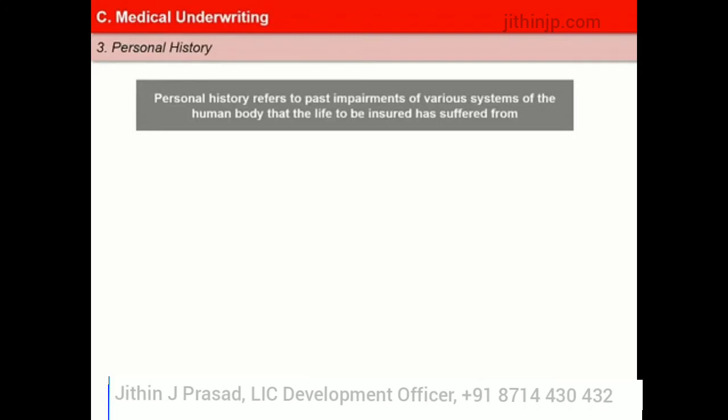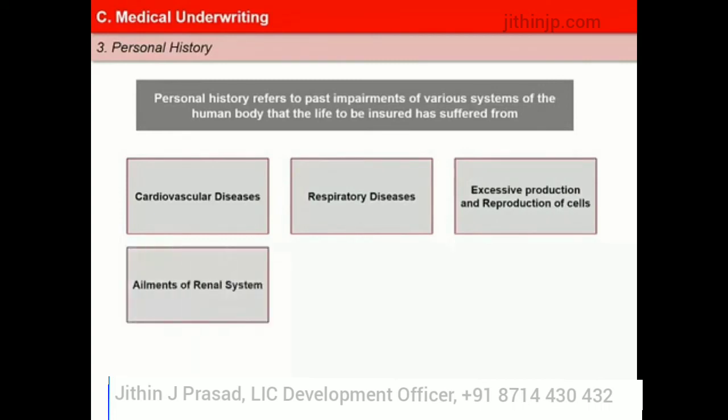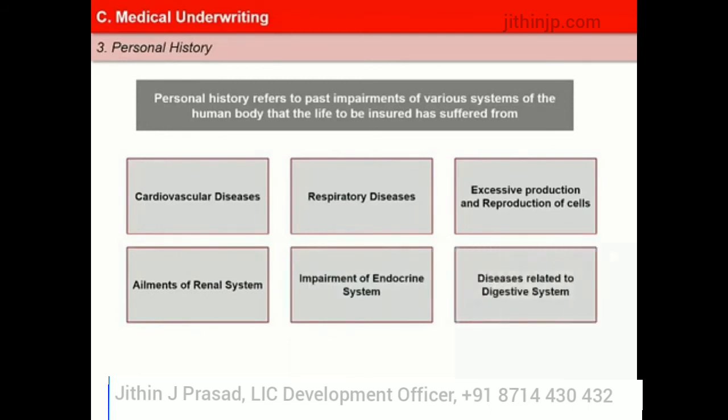The major kinds of ailments that killer diseases include are cardiovascular diseases, respiratory system diseases like tuberculosis, excessive production and reproduction of cells, ailments of the renal system which include the kidney and other urinary parts, impairments of the endocrine system like diabetes, diseases of the digestive system, and diseases of the nervous system.